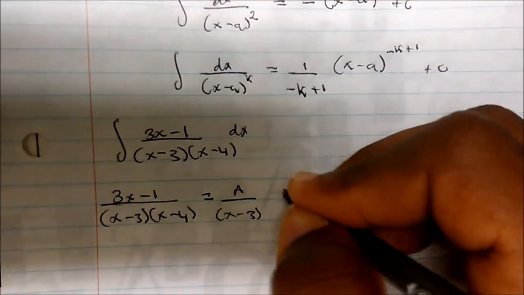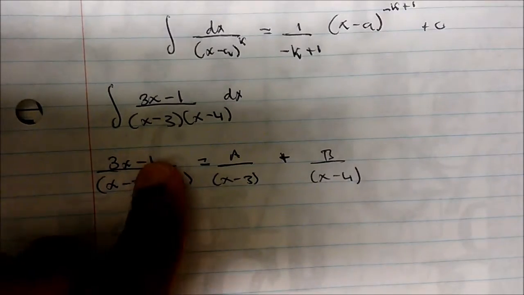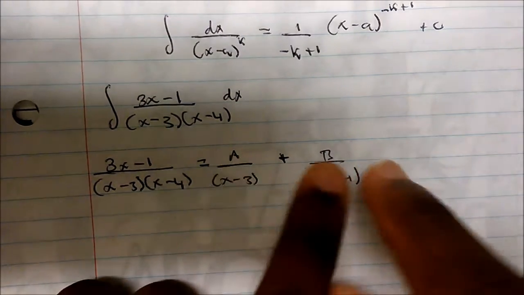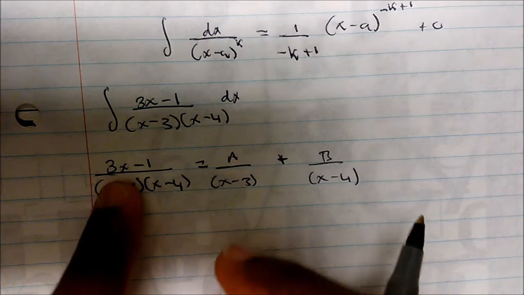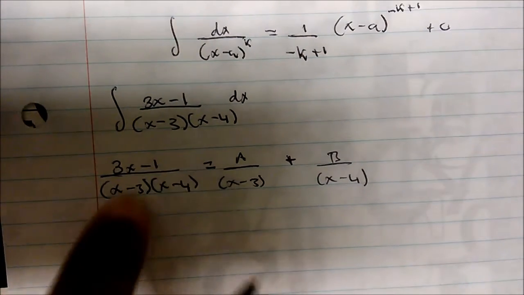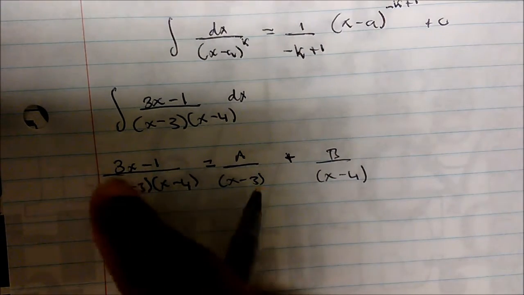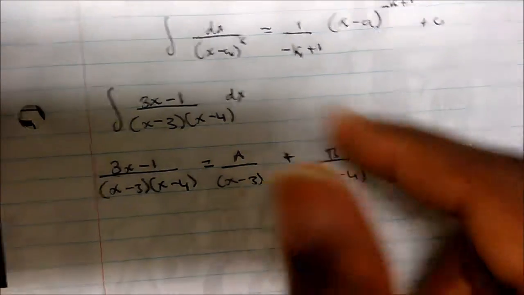Now we need to get some form where we can set a plus b equal to the numerator only. How we do that is we multiply both sides of the equation by the denominator on the left-hand side.